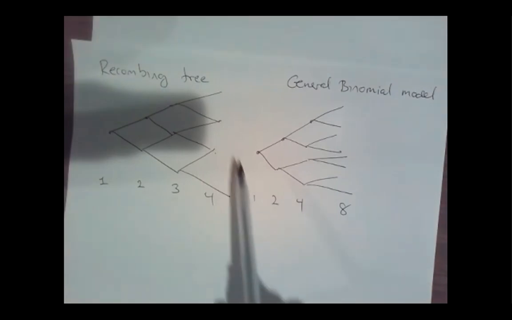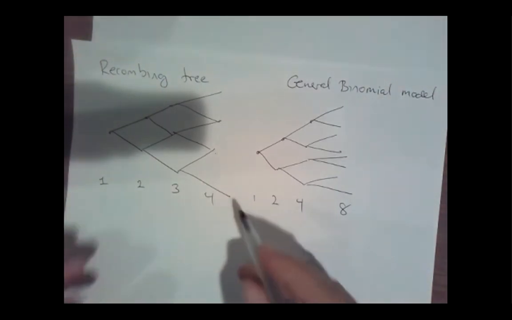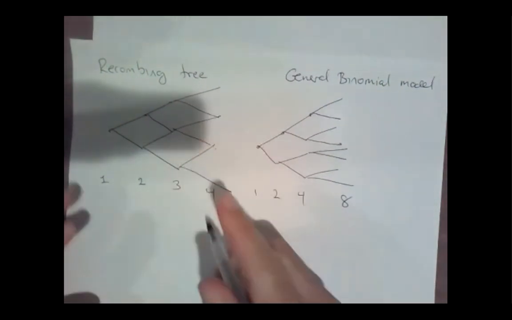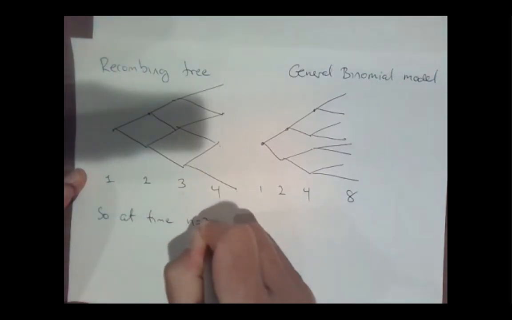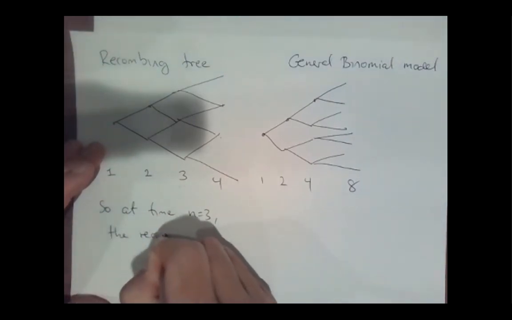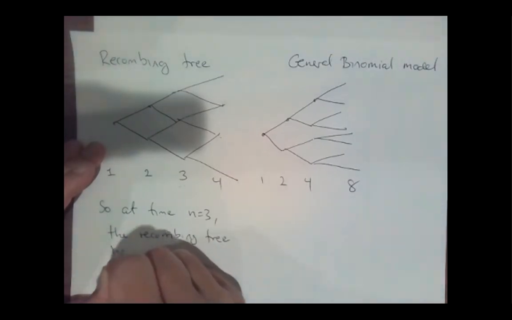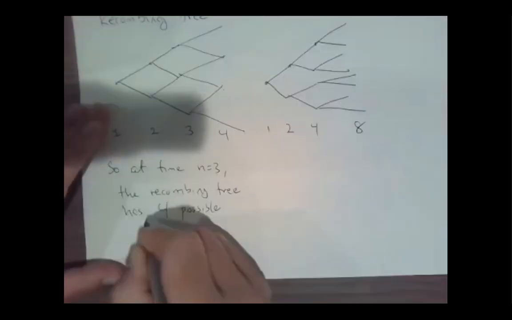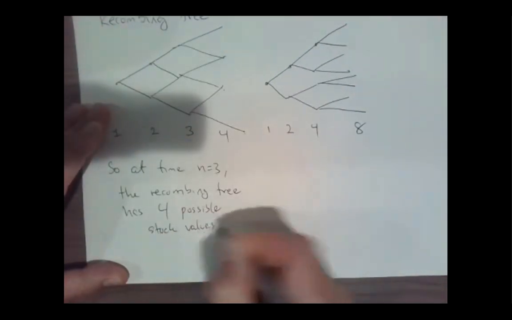So you can see the recombining model has 4 possible values at time 3, since this is time 0, 1, 2, 3. At time 3, the recombining tree has 4 possible stock prices.